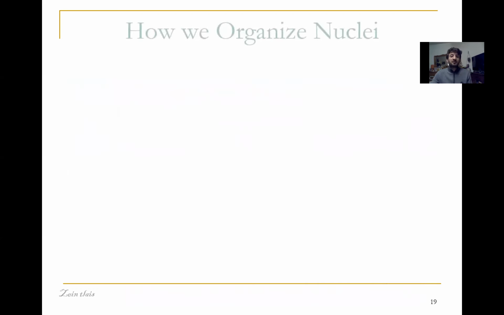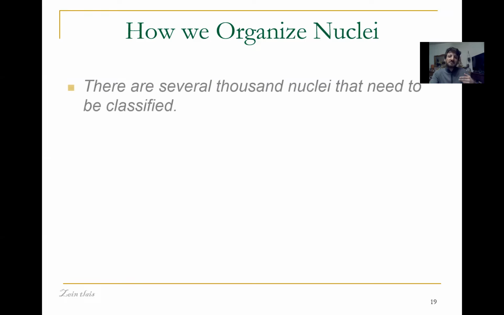But in the case of the organization of nuclei, we cannot follow the same procedure because it's more complicated. Why? Because you have many thousands of nuclei. We cannot put them in one table. We must have another method of classification to classify all these nuclei.